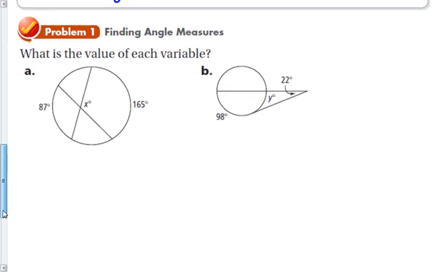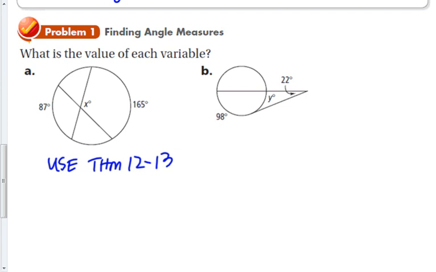All right, let's use those theorems here in problem 1, finding angle measures. What is the value of each variable? In this first one, we're going to use theorem 12.13, which says that an angle inside a circle, such as x, is equal to 1/2 the sum of the intercepted arcs.